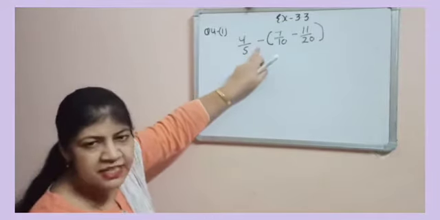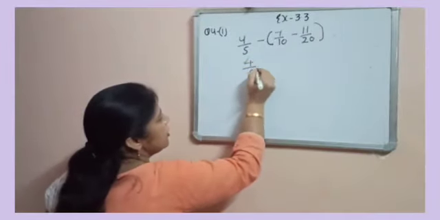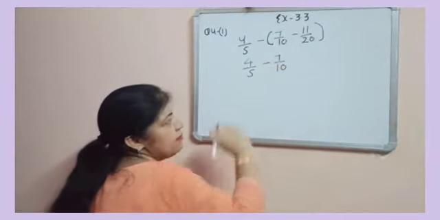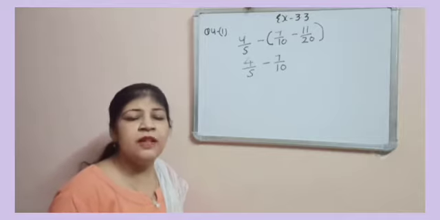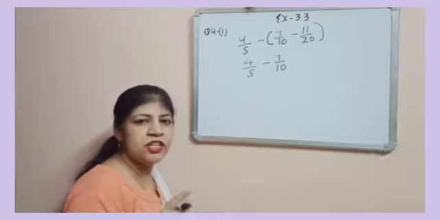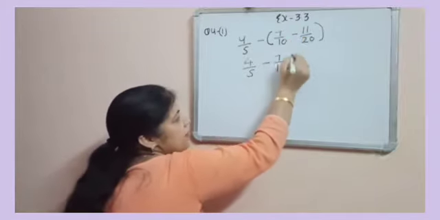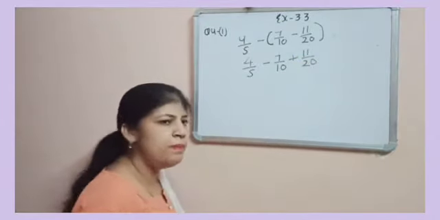Now there is a minus sign outside the bracket, so you can open this bracket. 7 by 10 will become minus 7 by 10, because when there is a minus sign outside the bracket, the numbers inside the bracket change their signs. Now it will be plus 11 by 20, because it is minus, it will change to plus.